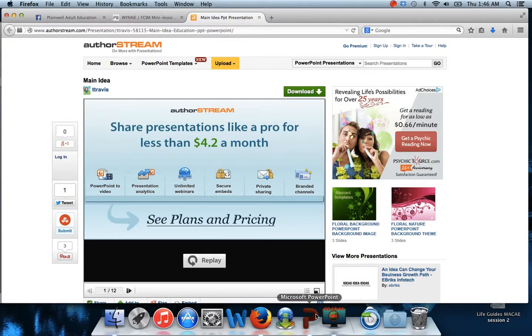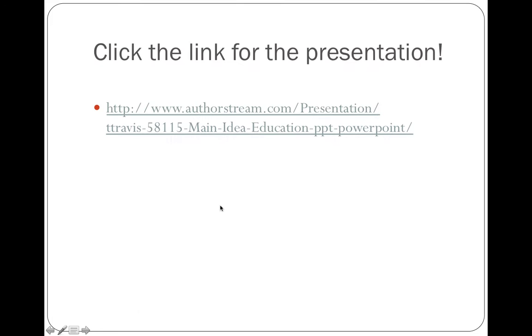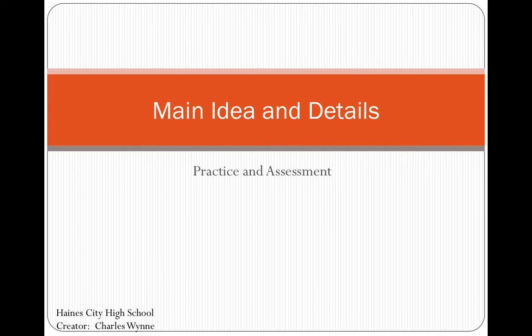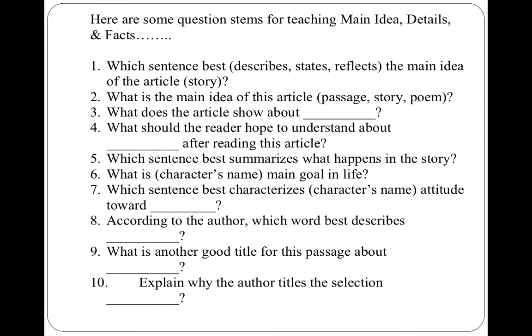We're going to go back to our presentation and look at some of these stems that you might see in your questions. So which sentence best describes, states, reflects the main idea of the article? These are also question stems that many companies use to create the questions for main idea.